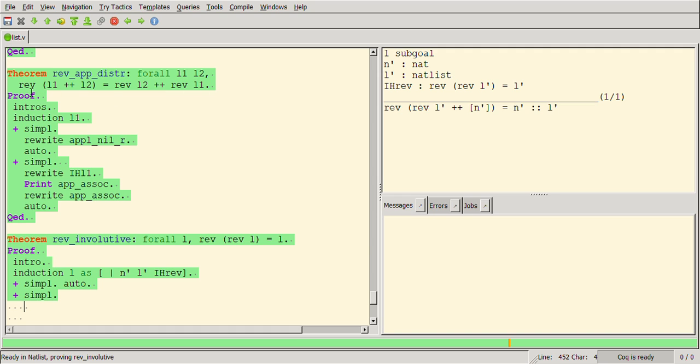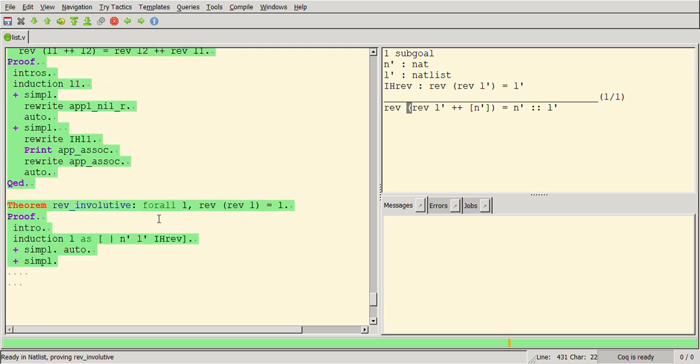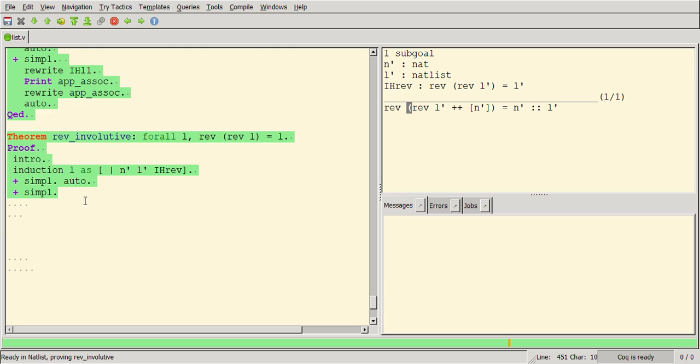That means that we can internally apply the same function over the two lists separately. So here we also have two lists appended with each other. Applying the reverse append distributor theorem would reduce this expression to reverse of L prime plus reverse of this list. Let me rewrite it.